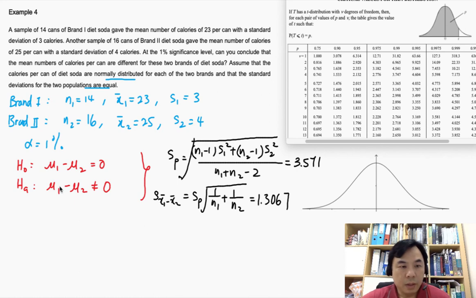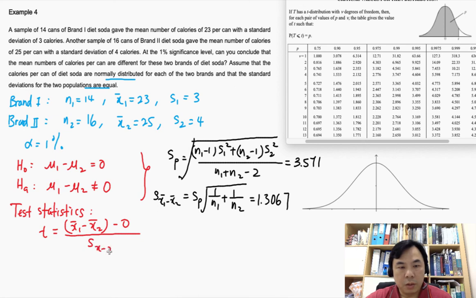And then lastly, my test statistic would be given by, because the population standard deviations are not known, therefore I have to use my observed t value here, which would be x1 minus x2 subtract with 0 divided by this margin of error.